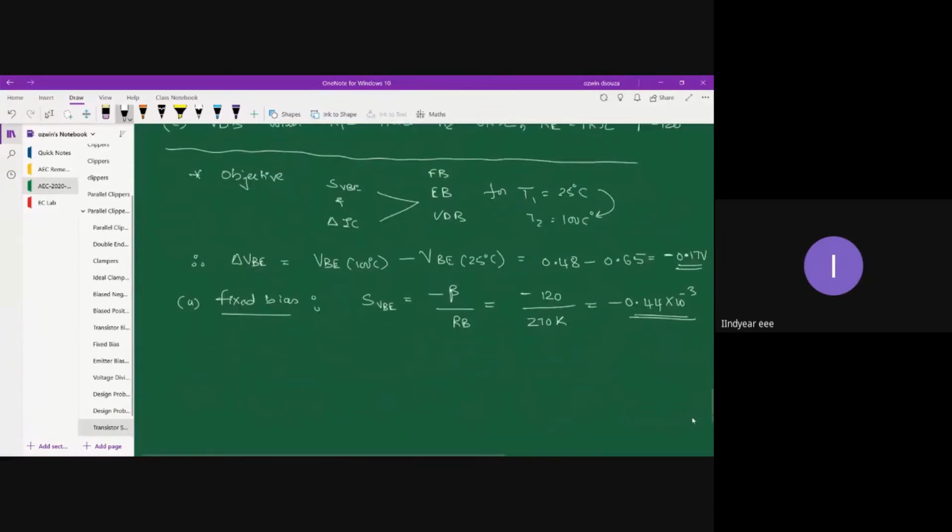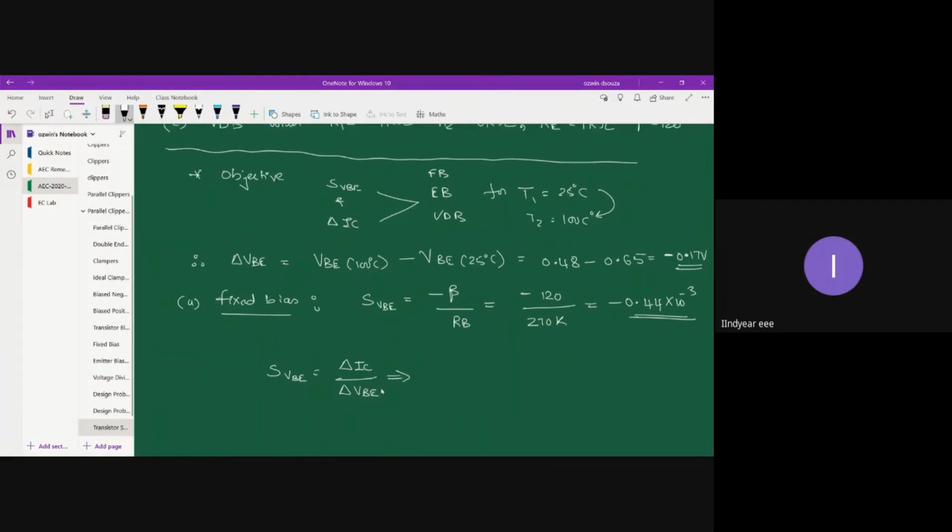Okay. Fine. Now, SVBE you have found. How do you find delta IC? Remember one thing. What is the definition of SVBE? SVBE is defined as change in collector current due to the changes in base emitter voltage.